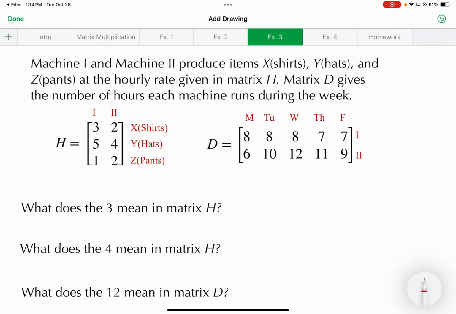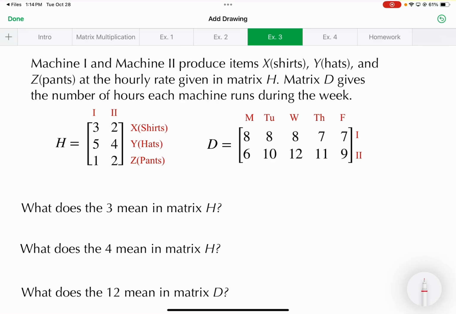I'm stressing out. Okay, what does the 3 mean in matrix H? Okay, so again, that gives you the hourly rate that it produces these items. Oh, brother. Okay, so what does the 3 mean in matrix H? What do you guys think? Michael, please.